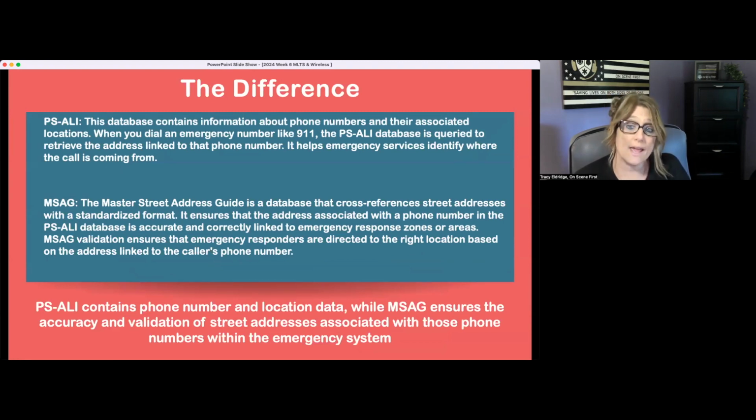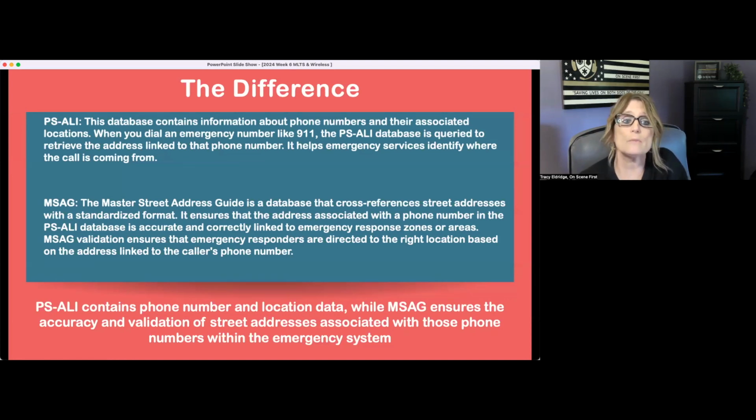It sounds like, by description, the same as an MSAG, the Master Street Address Guide, but I just want to differentiate the differences. We're going to learn more about the MSAG when we talk about databases specifically. But just to get a little bit clearer, in the PS-ALI, this database contains the information about the phone number and their associated locations.